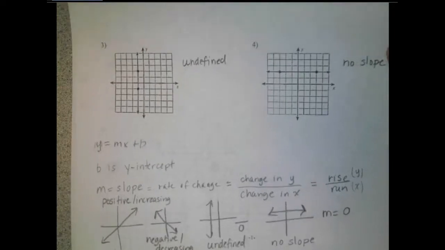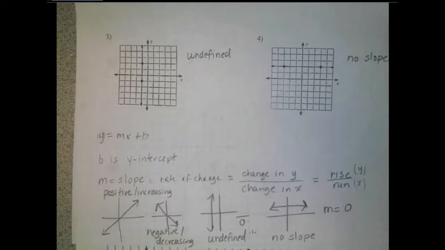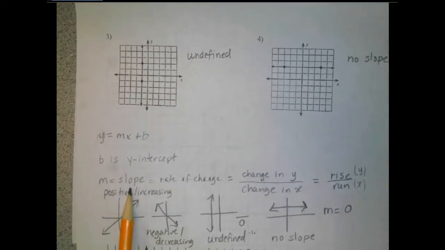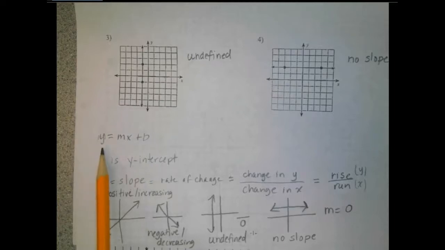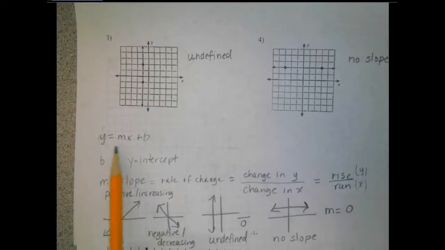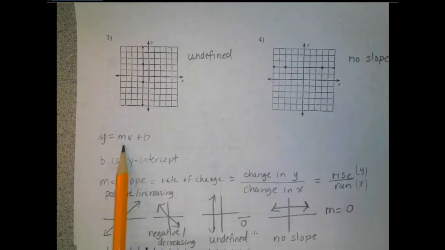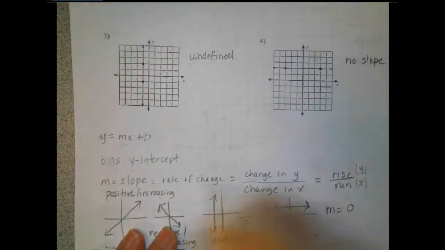So we talked about what M is. Okay, what is M? If my equation is in slope-intercept form, where would my M be? Where is the M?